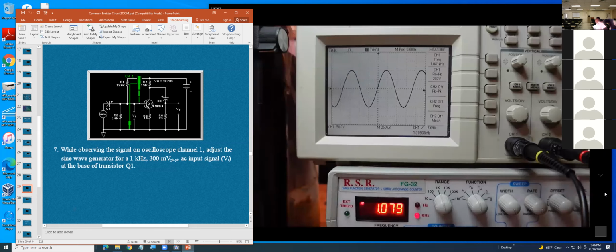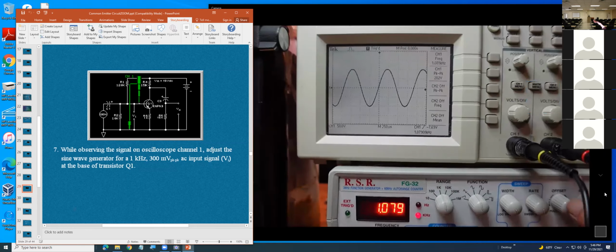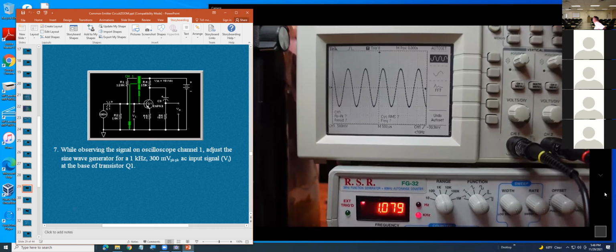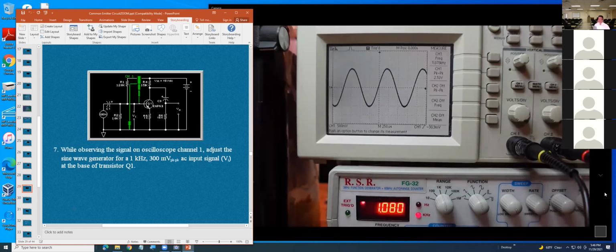So you turn the generator to the minimum. Auto set, measure to see what you get. What is the voltage you get? Let's see if I can see. What is the voltage? Peak to peak.